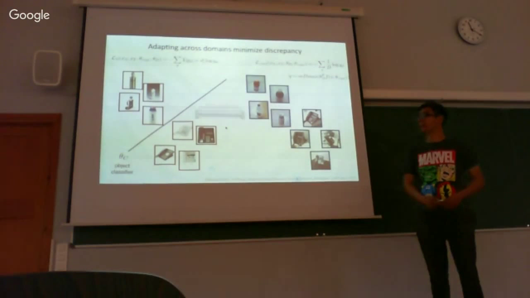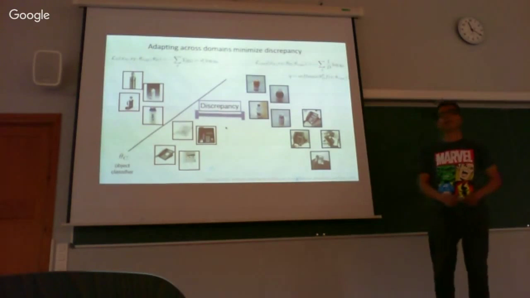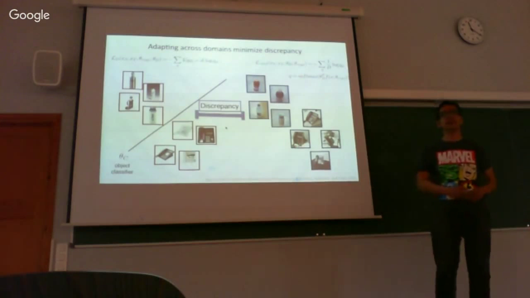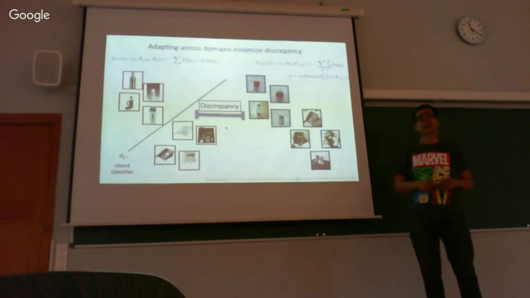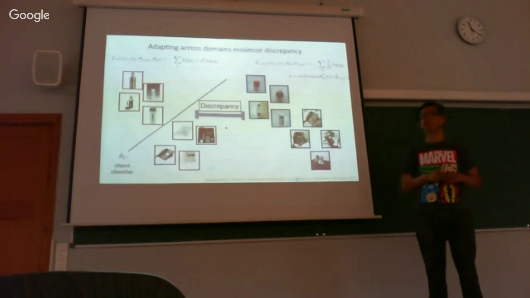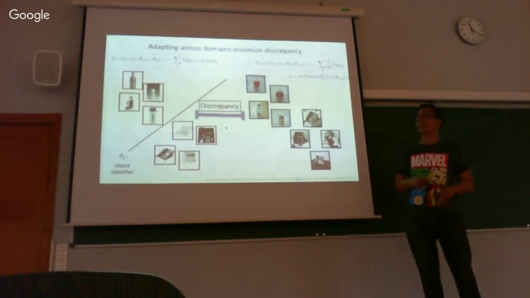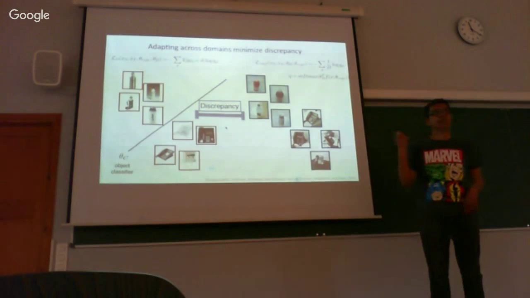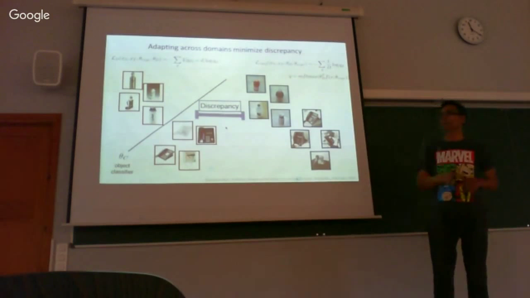So here the problem is that we have discrepancy among data sets, and we need to fix this discrepancy. We need to make it low, and they propose two new loss functions. The first one is in the upper left of the slide, and the second one is in the upper right of the slide.